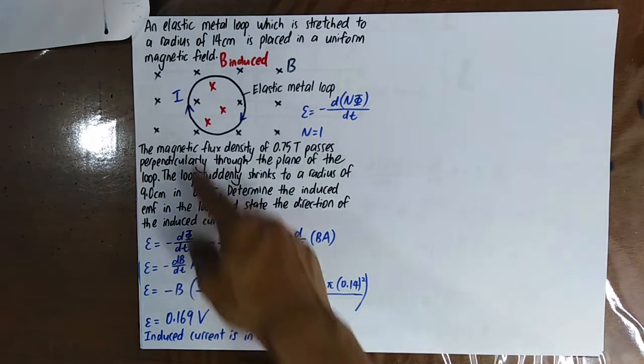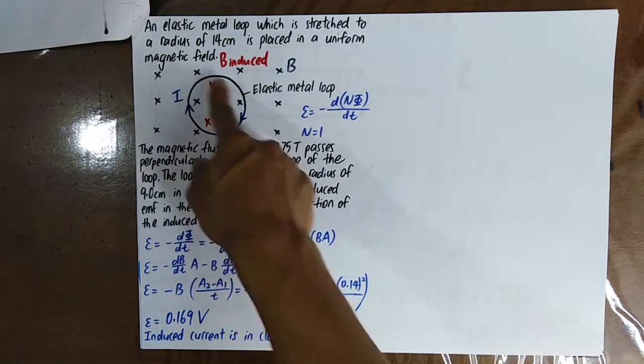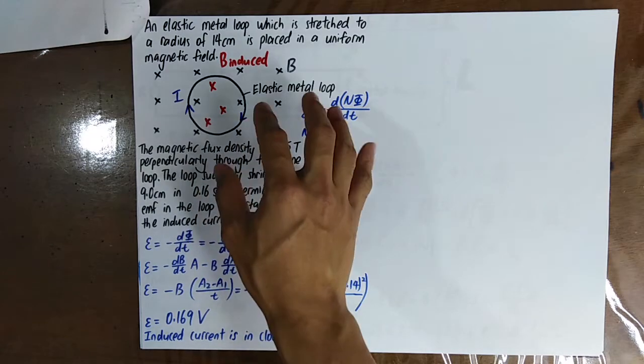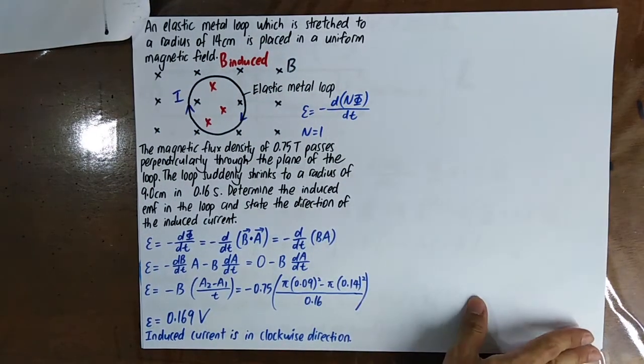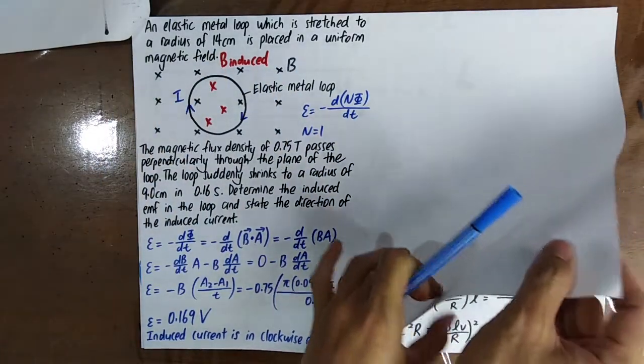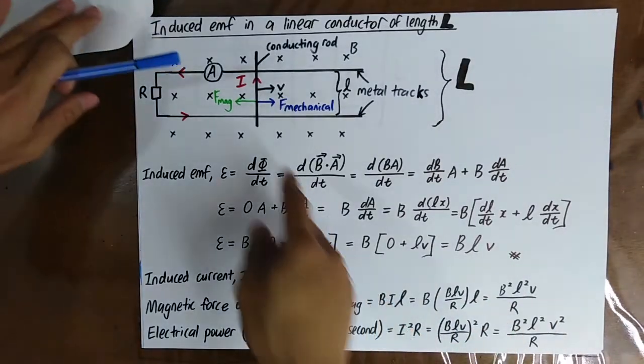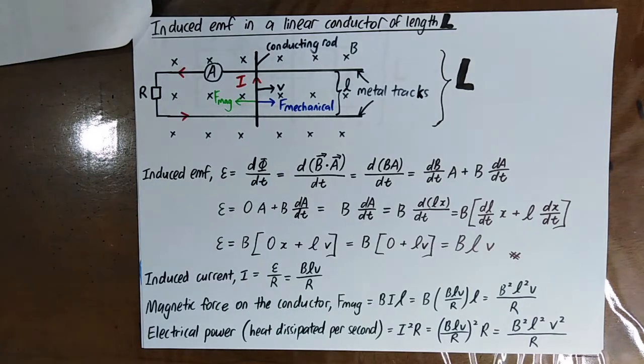But then actually, in reality, it's quite difficult to adjust the area of the metal loop. Okay, so instead of dealing with this kind of situation, normally we deal with this kind of situation.